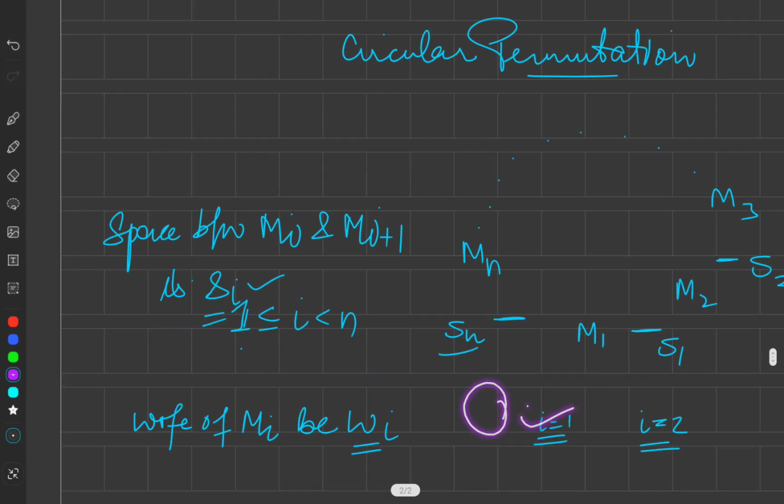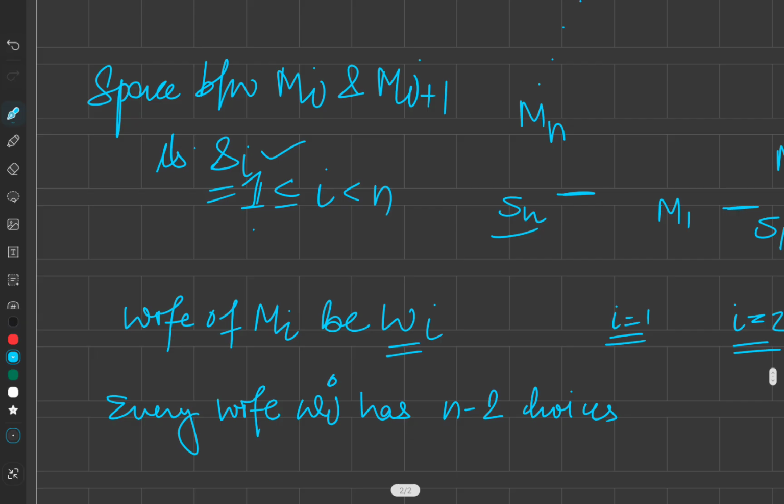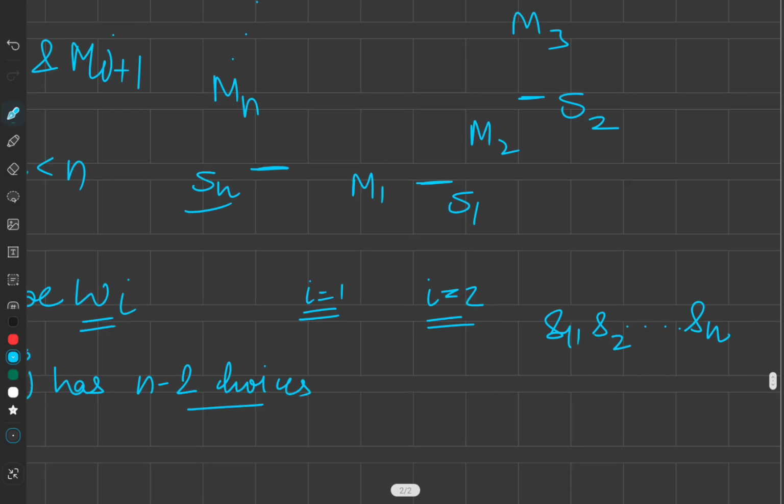So every wife wi has n minus 2 choices. We all know s1, s2, up to sn are the spaces for the wives.